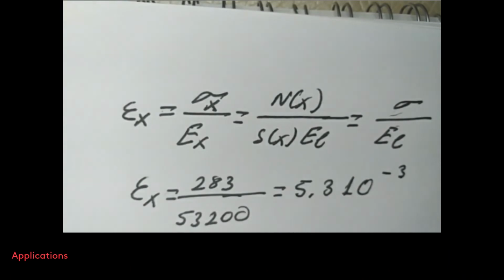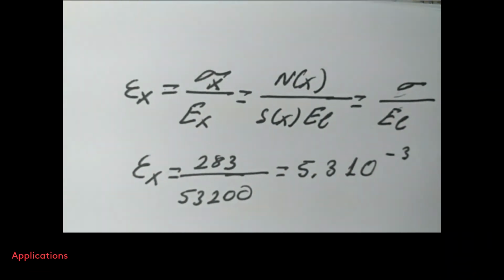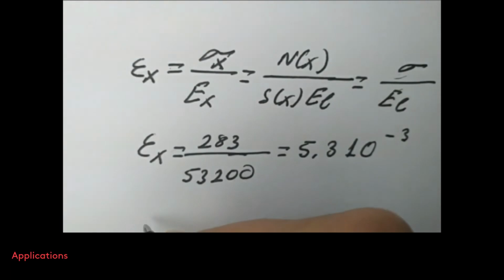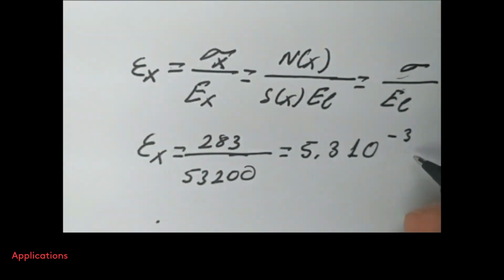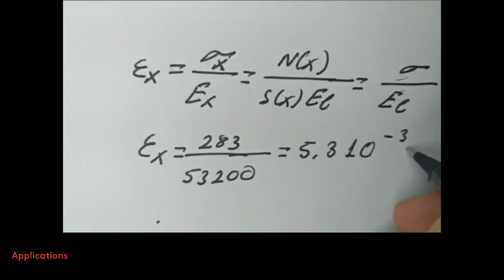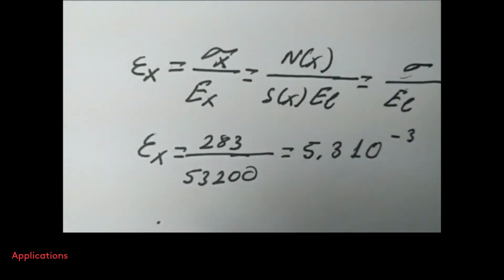Now we are asked for the elongation. So remember that we have a constant strain all over the blade, through the blade. So that is equal to, this is the strain per unit length.